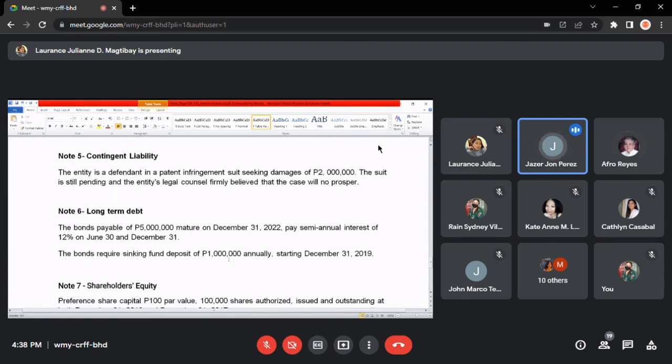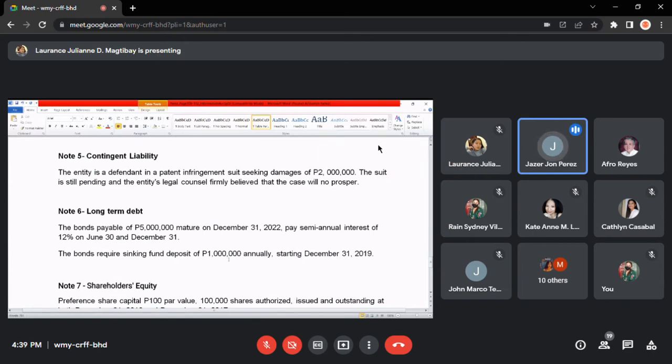Next is Note 5, Contingent Liability. The entity is a defendant in a patent infringement suit seeking damages of 2 million pesos. The suit is still pending and the entity's legal counsel firmly believes that the case will not prosper.